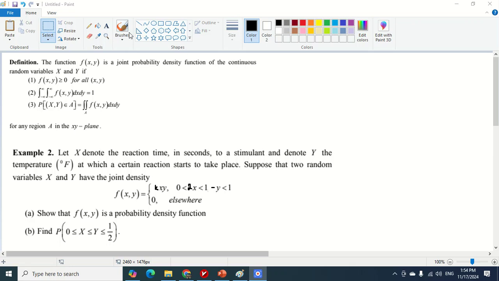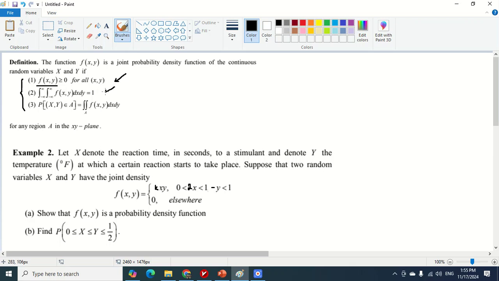The function f(x,y) is a joint probability distribution function or density function of continuous random variables x and y if three conditions hold true. These three conditions are the same as the conditions that we have for the PDF for the continuous cases, and the PDF for the discrete joint distributions. Over here we just modify the situation. The first one determines that the function should be positive, meaning the value of the function at the given point x and y should be positive.